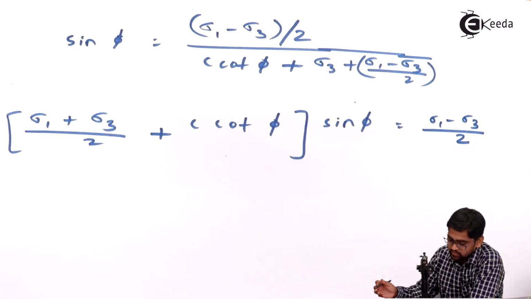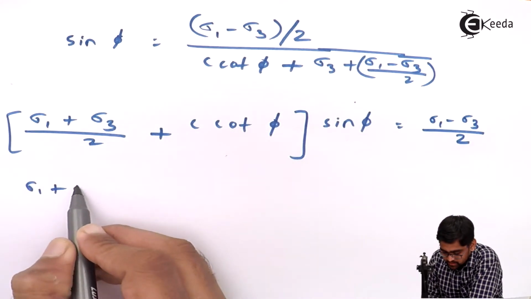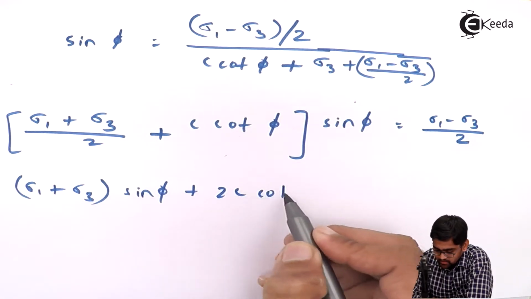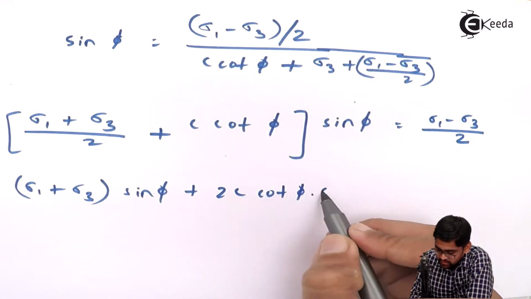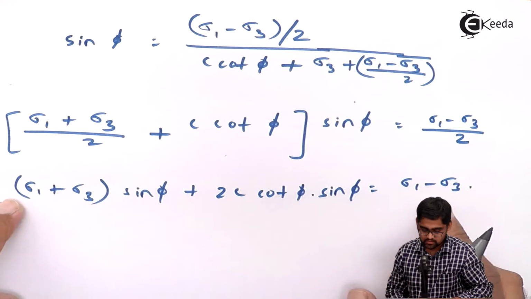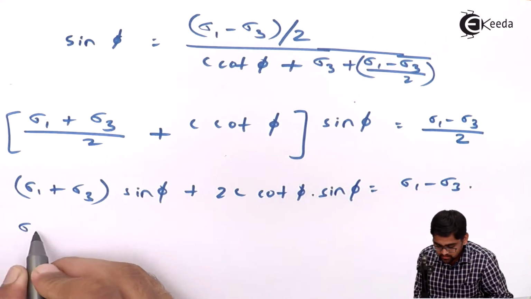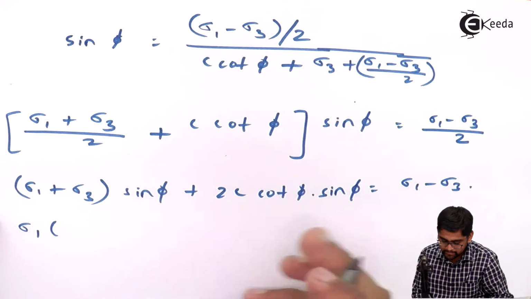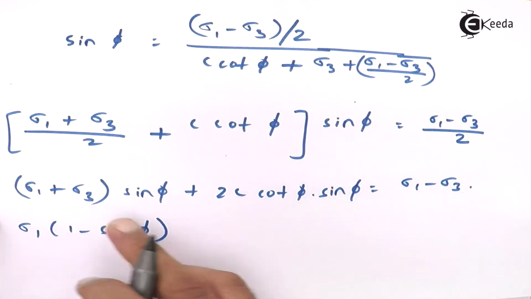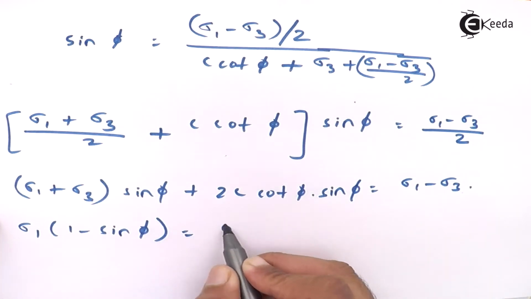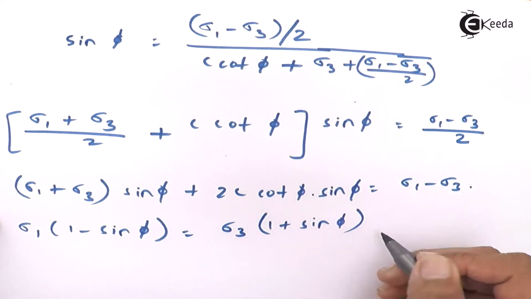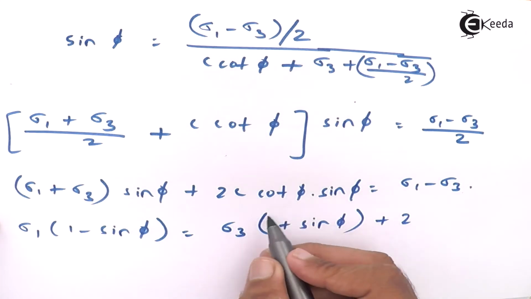If you multiply both sides by 2, you will get sigma 1 plus sigma 3 into sin phi plus 2C cot phi into sin phi equal to sigma 1 minus sigma 3. So if we take sigma 1 here and sigma 3 over here, you will get sigma 1 into 1 minus sin phi equals sigma 3 into 1 plus sin phi, plus 2C cos phi, since cot phi is cos phi by sin phi, so sin will get cancelled.